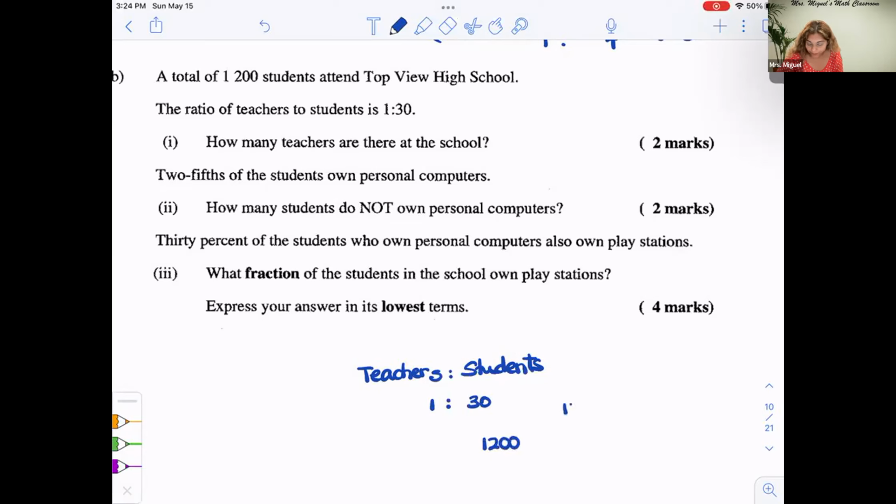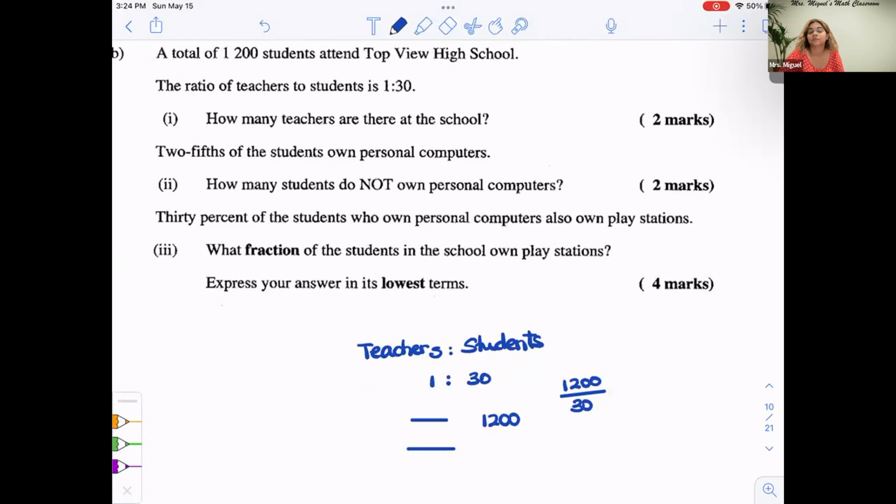So therefore 1,200 divided by 30 will tell us how much we multiply by 30. So 1,200 divided by 30 is how much? 40.